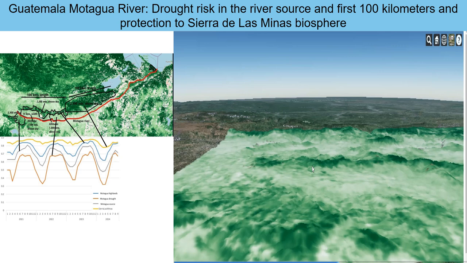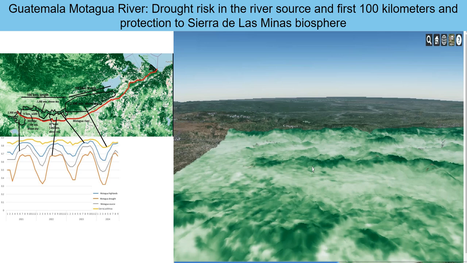The problem is that it is a tree coverage that is very far away from the river shore. We can see that this tree coverage is 14 kilometers distant from the river shore to the south. So it is very important to make a reforestation from this region to the river shore to keep the river flowing.